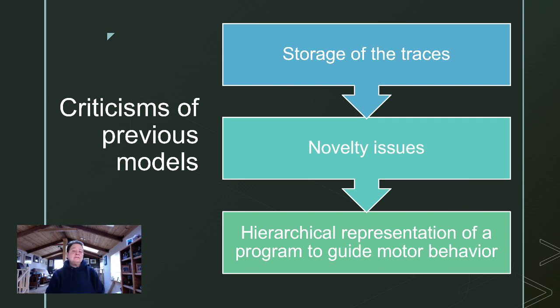And the second issue that Schmidt criticized Adams' model for was something called novelty. In our daily lives, we deal with novelty because everything we do is with great variation, and certainly we're confronted with novelty at many times during the day.